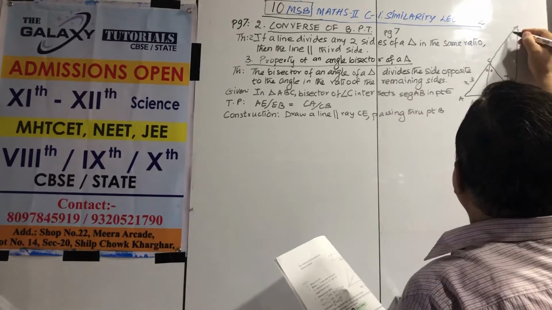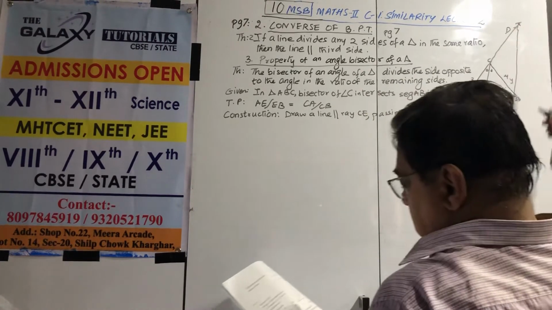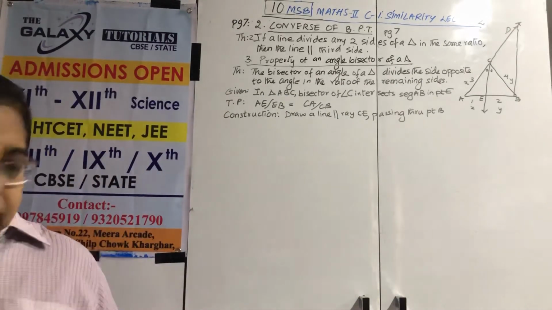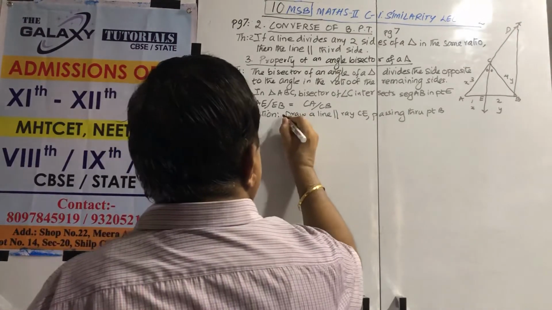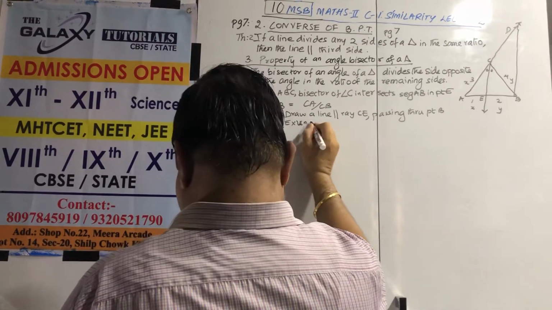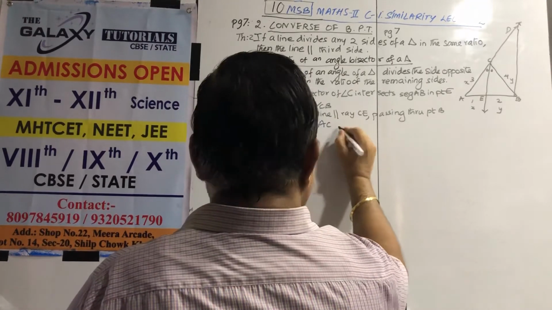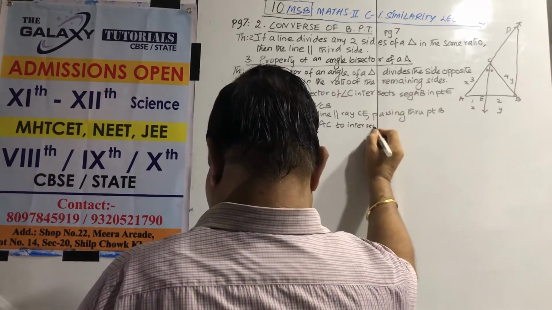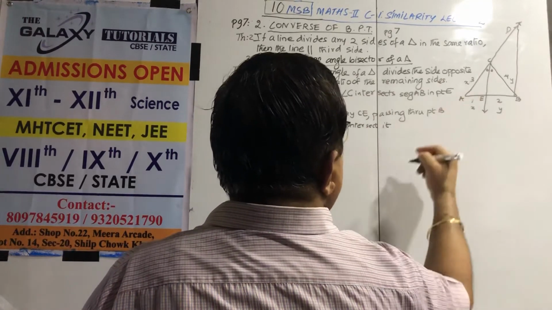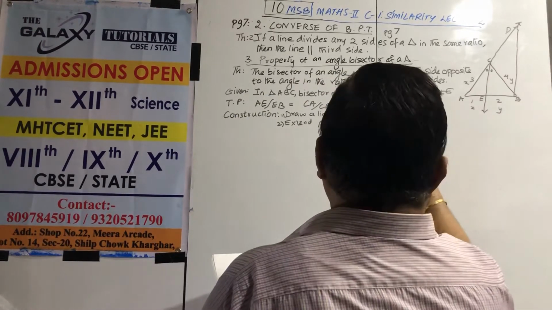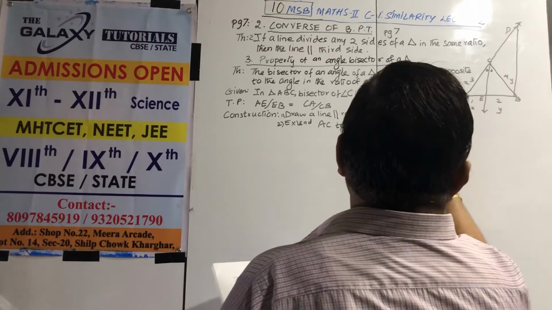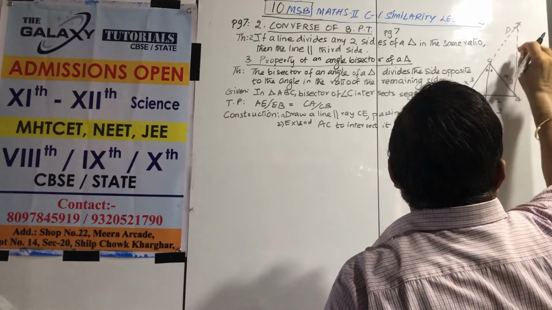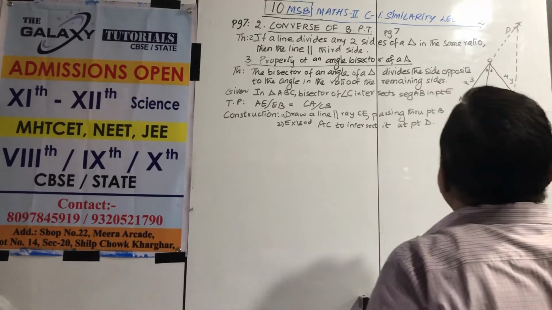This is point D, and that is B. Extend AC to intersect the line BD at point D. So these are our constructions. This is not present in the original diagram. So this is what we have constructed.